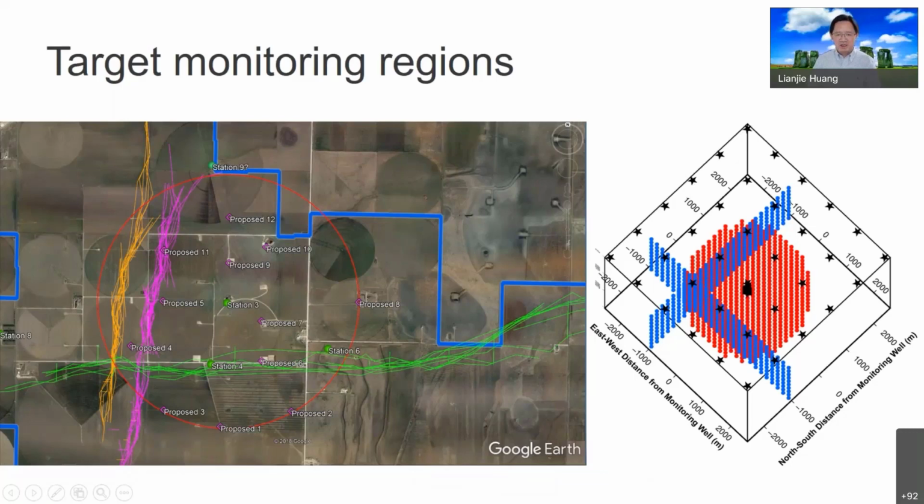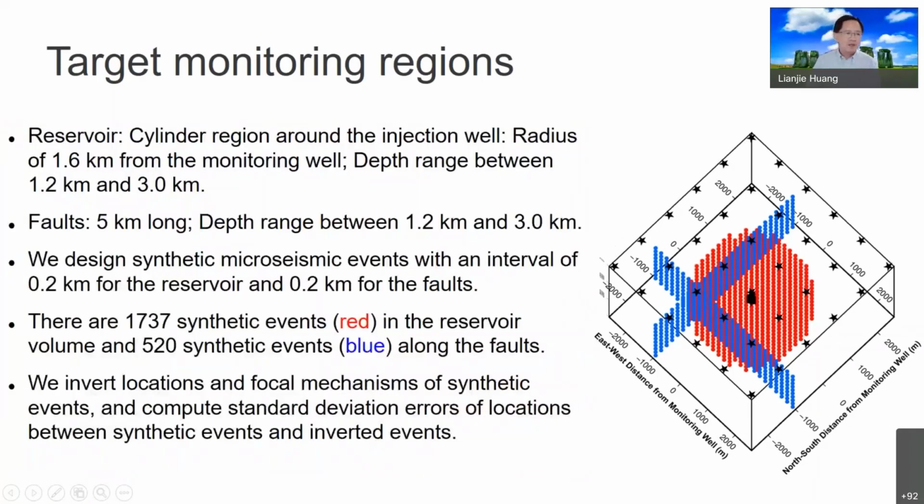So we defined this model on the right here, and this red is the reservoir monitoring region, as I show in the next slide. This cylindrical region has a radius of about 1.6 kilometers from the monitoring well at the center here.